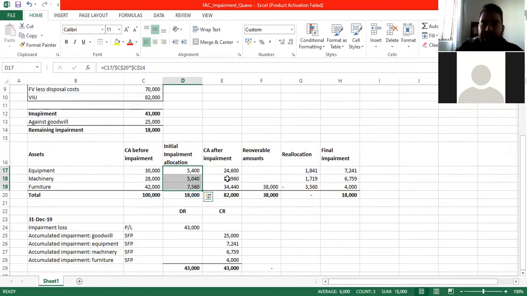And as a result, the standard says you have to make that check, because after allocating the impairment of the CGU to the underlying assets, the carrying amount for the underlying asset must not be less than the recoverable amount. So because of that, your impairment calculation is always going to be this complicated, because the standard makes it clear.